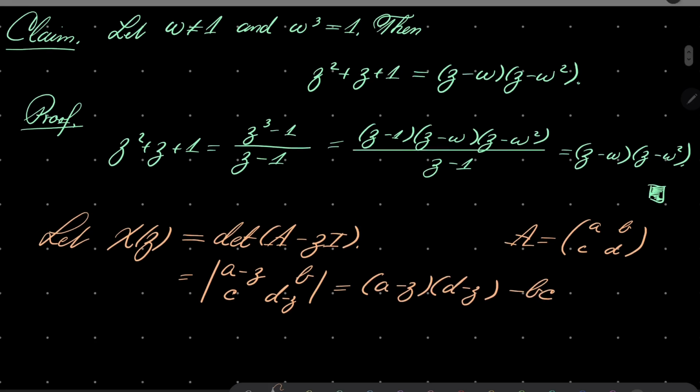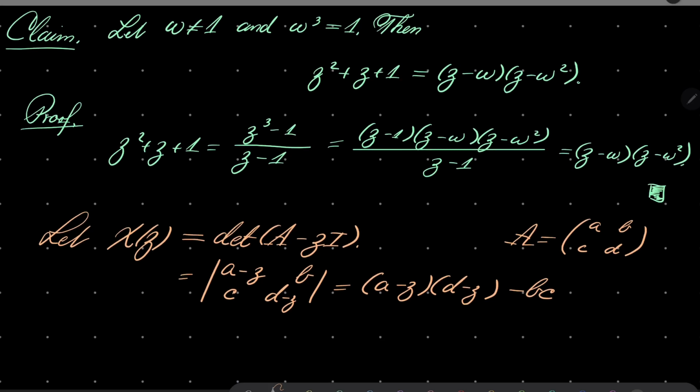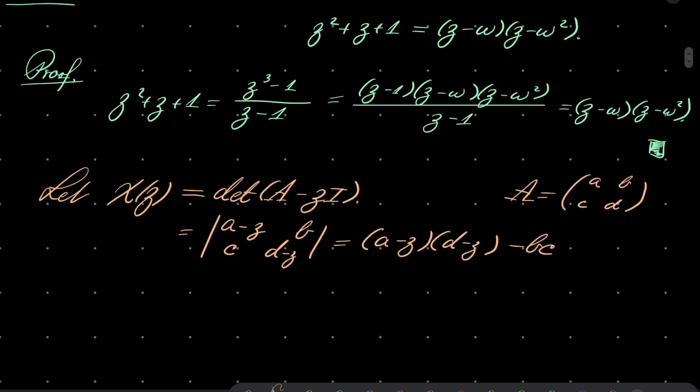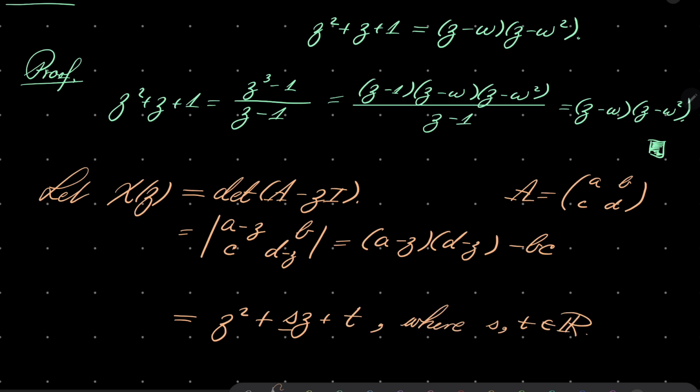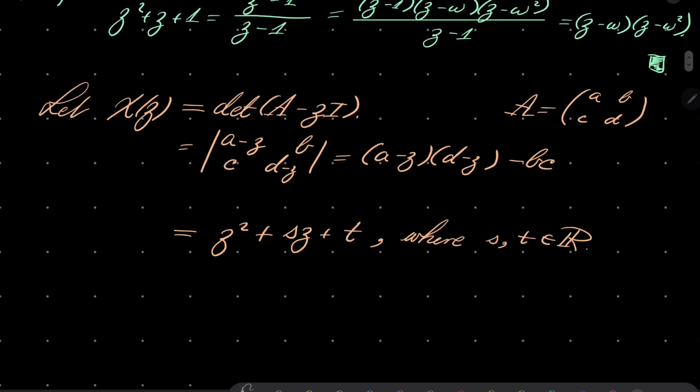Notice that this is for sure a quadratic polynomial with real coefficients. So it can be written as z squared plus s z plus t, where s and t are real. b and c were used, so let's call them by different letters. In fact, it can be easily demonstrated that s is the trace of matrix A and t is the determinant, but I will not use it, so let's keep it as it is.